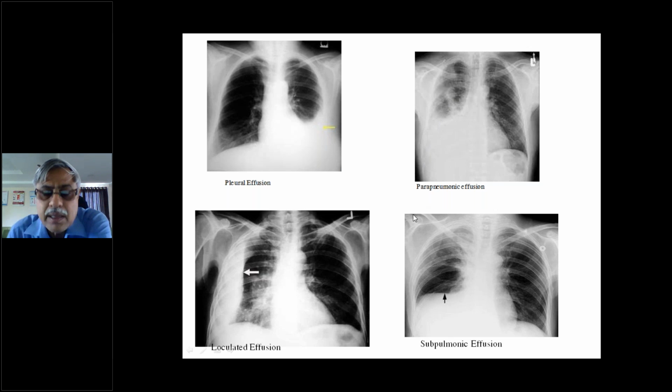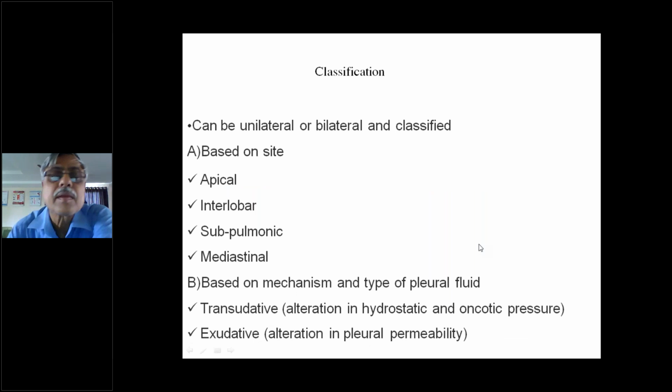Some people call the effusion that occurs with pneumococcal pneumonia pneumonic effusion. Parapneumonic effusion occurs along with pneumonia, in case of lung abscess and bronchiectasis. Of course, this is pleural effusion. This is loculated effusion. The same thing.